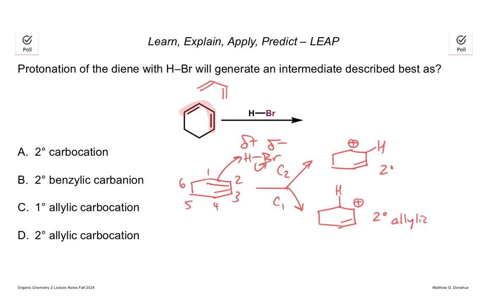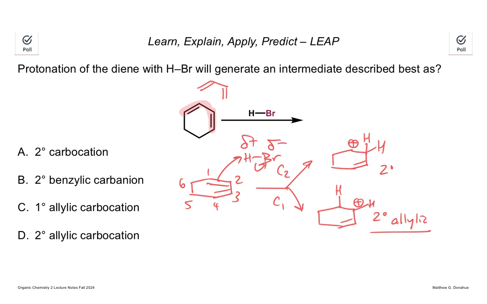And by that fact, it makes this one more stable. Because this top one, that hydrogen's still there, so I'll just draw it in. This top one is just secondary. It can't be stabilized through resonance because it's one away from being allylic.